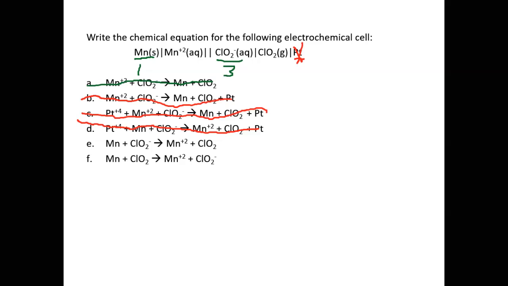It's not F because it has chlorine dioxide, not chloride. By process of elimination, it is E. And that's how we take cell notation and write the electrochemical cell.